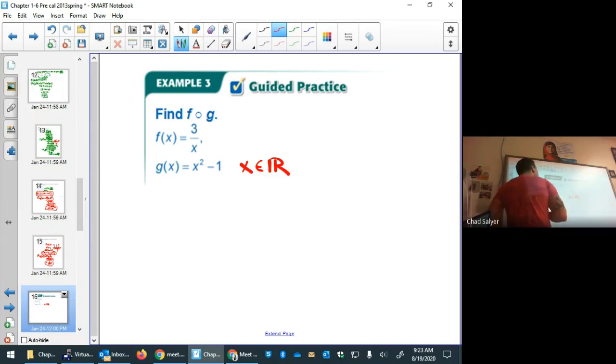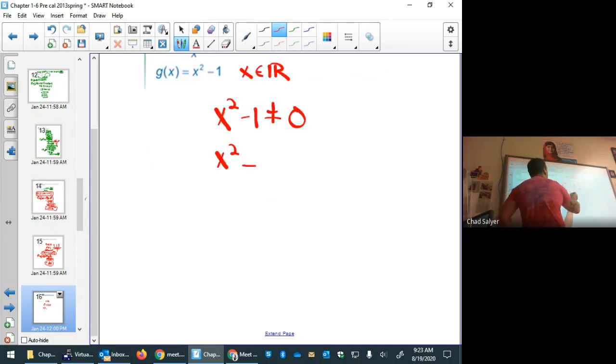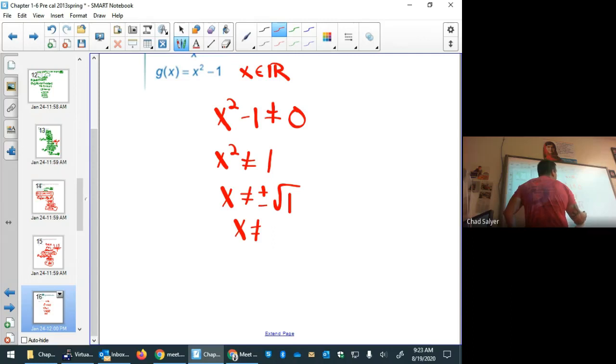However, it is in the denominator of f of x, so g of x will have to be not 0. So we will have to have this to be true. In other words, x squared will never equal 1, so x could never equal plus or minus the square root of 1. X could never equal negative 1 or 1.